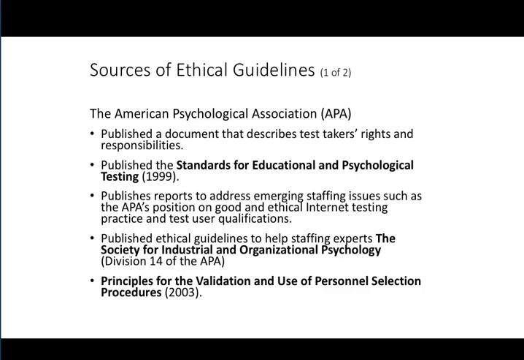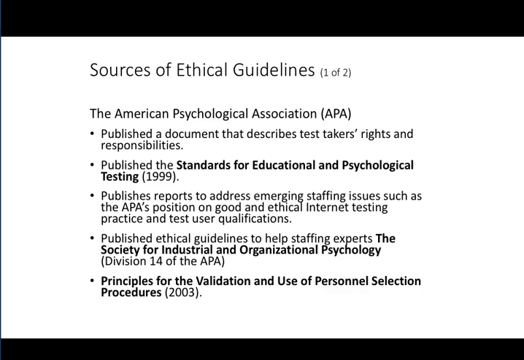In terms of sources for ethical guidelines, this first page just covers the American Psychological Association and the role that they play in all sorts of ethical guides around human resource practices. For example, they are really clear about test takers' rights. And so when we're using certain assessment tools to determine who's going to be the right employee to hire, there are certain ethical guidelines about how we're supposed to handle those sorts of things.